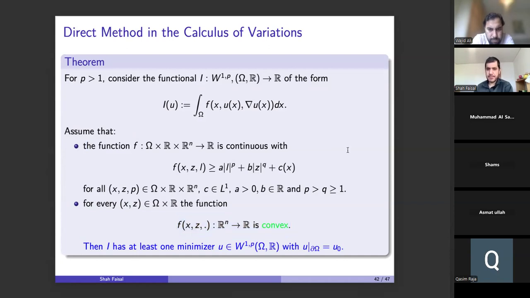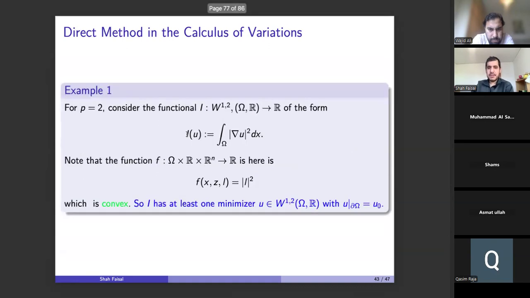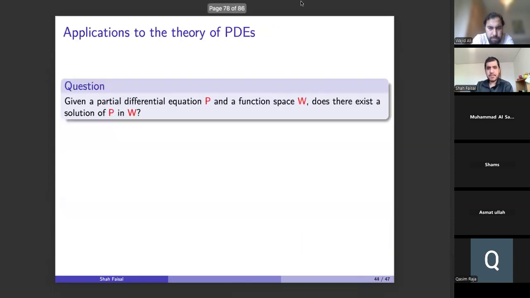Okay. If you particularize this to this functional, which is the L2 norm of the gradient, then this functional would have one minimizer because it satisfies the conditions above.